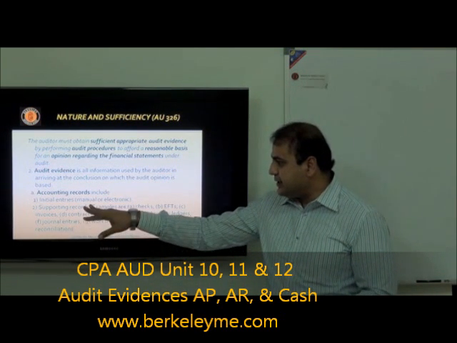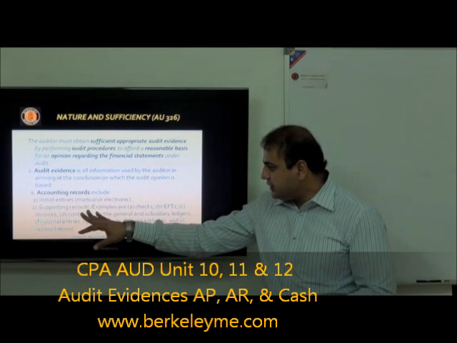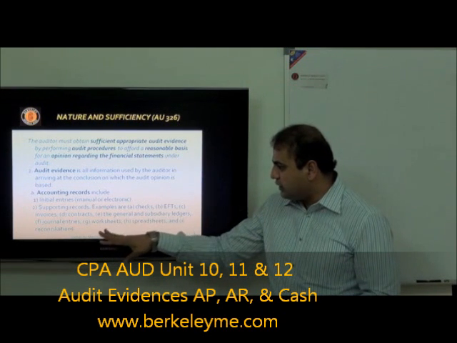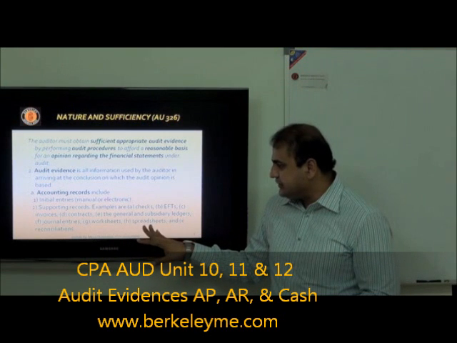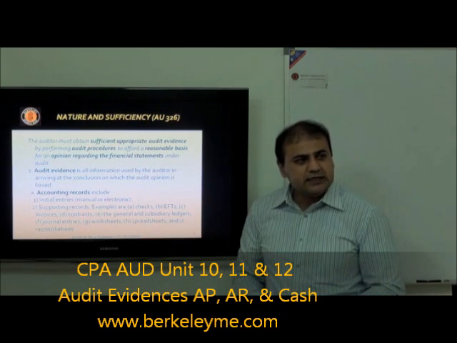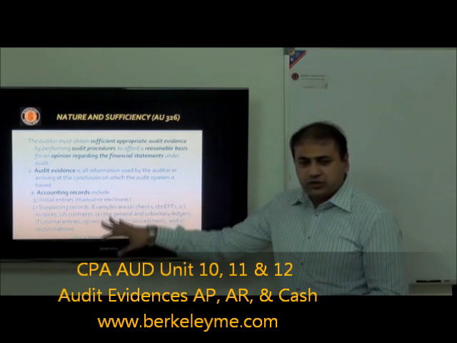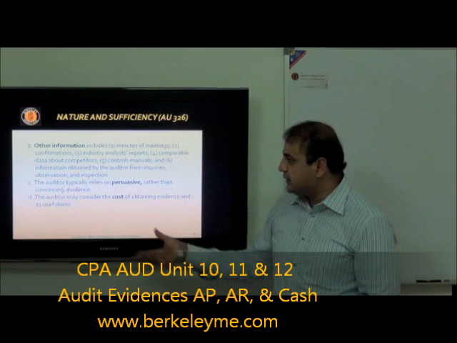These are initial entries. They can be manual or electronic. They may be supporting documents, that is checks and EFTs, invoices, contracts, and JVs, journal entries, worksheets, spreadsheets, and reconciliations. So these are some of the accounting records, but a lot of accounting records are there.